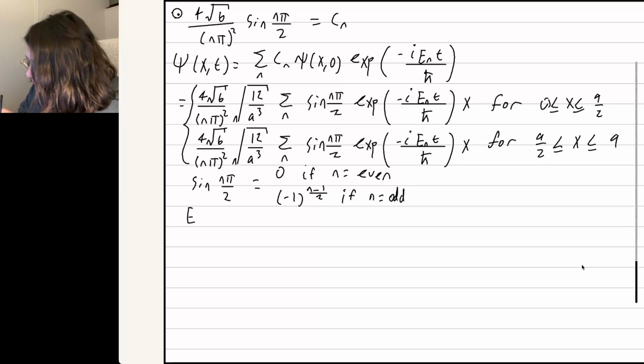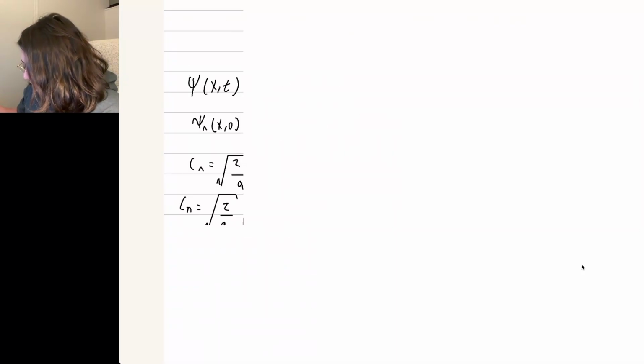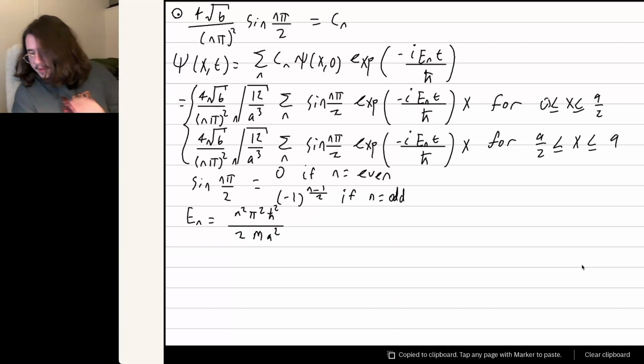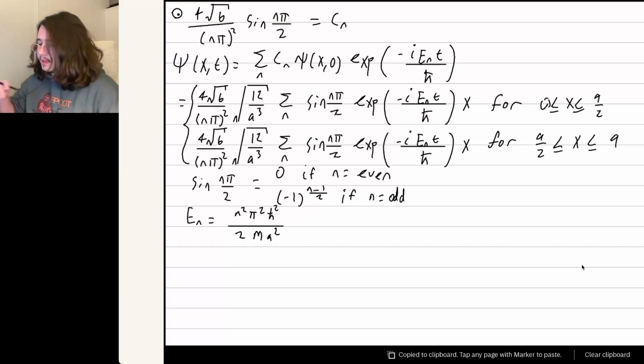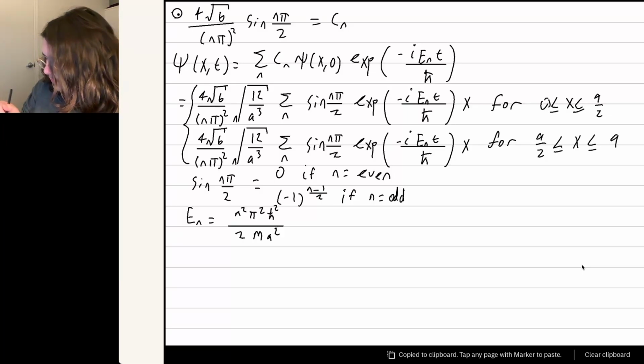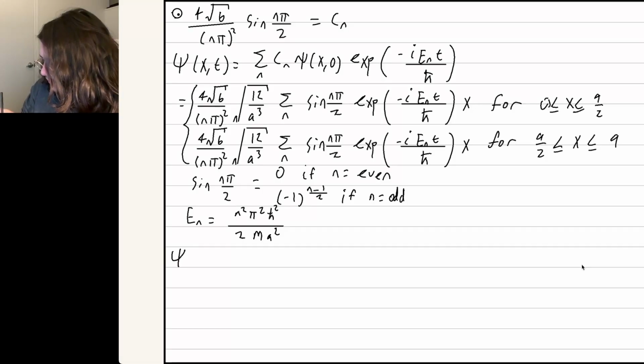We can also use the definition of the energy states for the infinite square well, which I don't remember off the top of my head, so I'm going to go grab it from what I wrote down earlier. That's the energy states for the infinite square well. So let's plug all of that into the time-dependent wave function then.